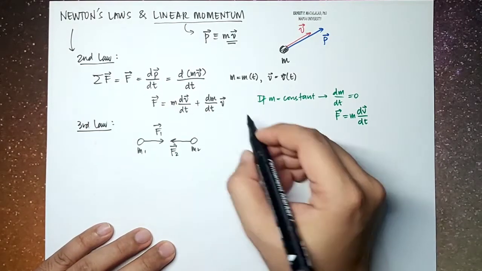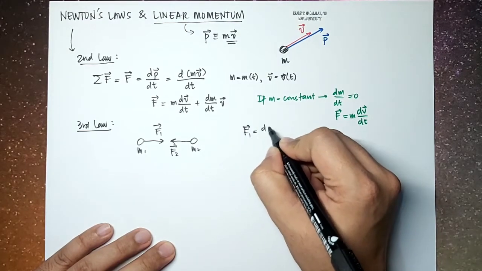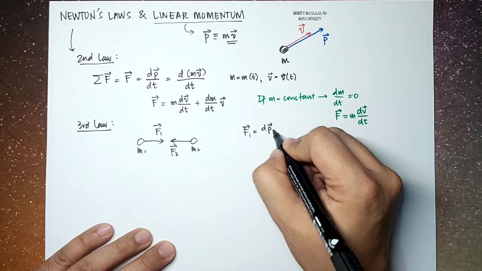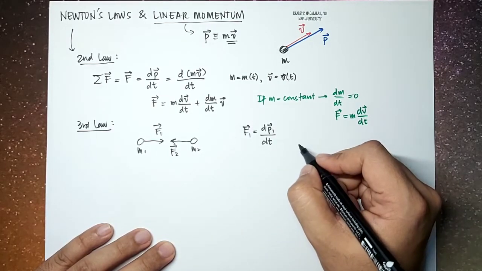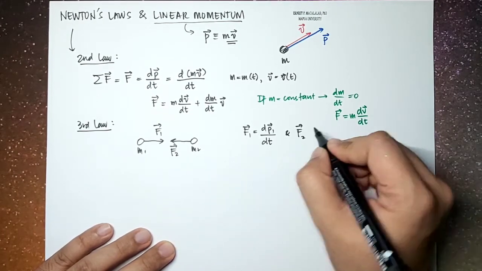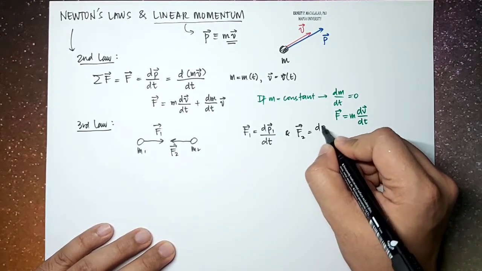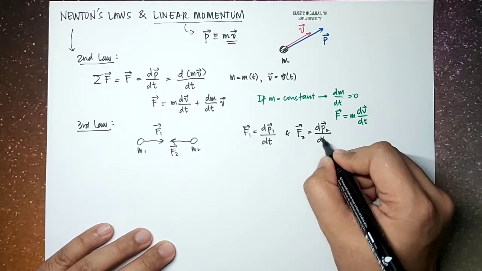By Newton's second law, F1 will be equal to the derivative of the momentum of particle 1 with respect to time, while the force exerted on 2 will be equal to the rate of change of the momentum of particle 2 with respect to time.